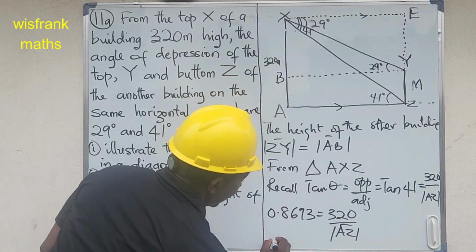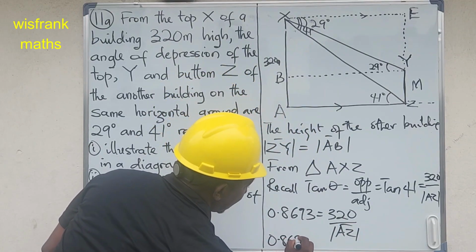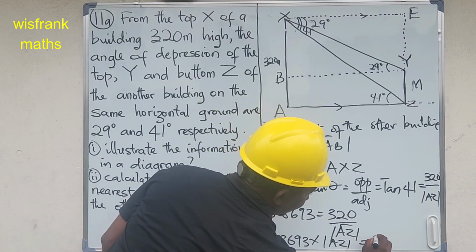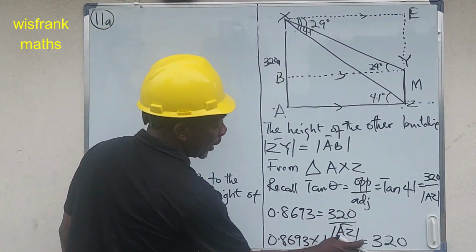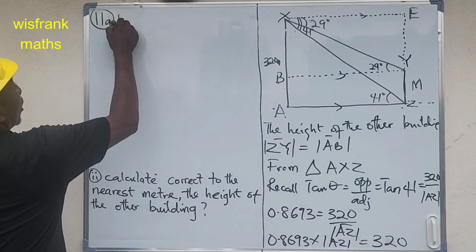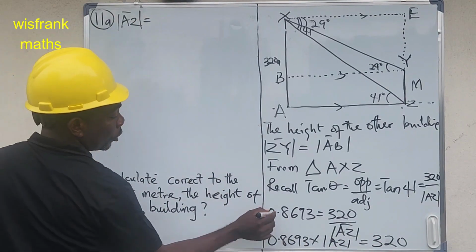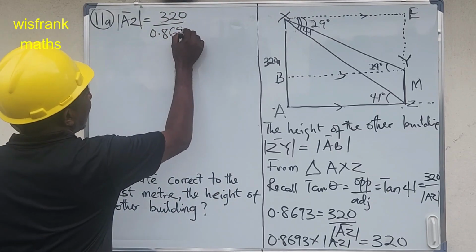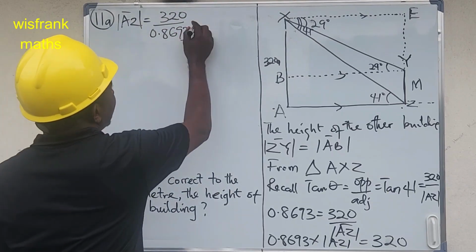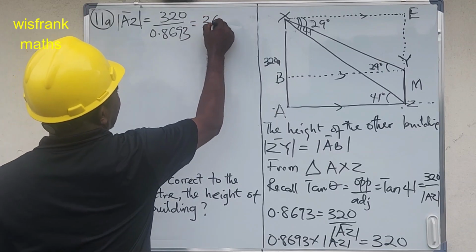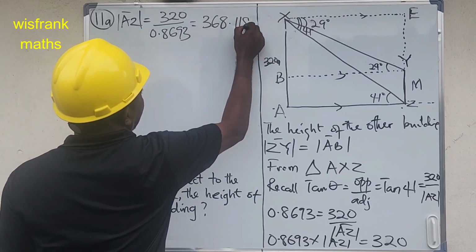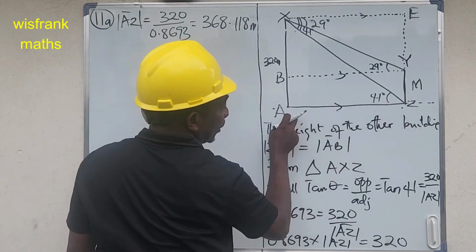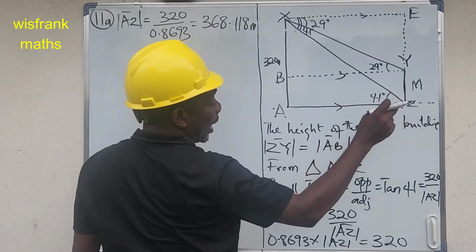When we cross multiply, we have 0.8693 times line AZ equals 320. AZ will be equal to 320 divided by 0.8693. When we divide this, it gives us 368.118 meters. So this is line AZ, which is the length from here to the point of the other building.